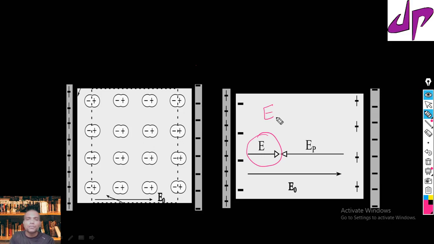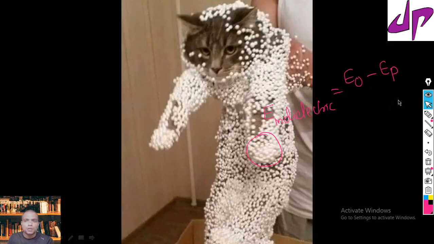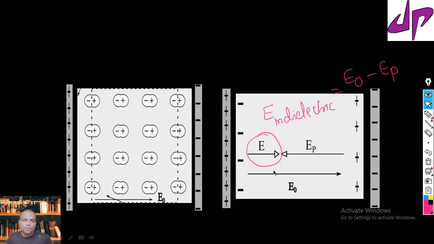So the electric field in the dielectric equals the electric field due to the external field minus the electric field due to the polarization. This electric field helps us with certain things that happen when we keep dielectrics in the presence of the electric field. So that's the concept of dielectrics and polarization. Next we will understand how this relates to the dielectric constant and dielectrics of different materials.